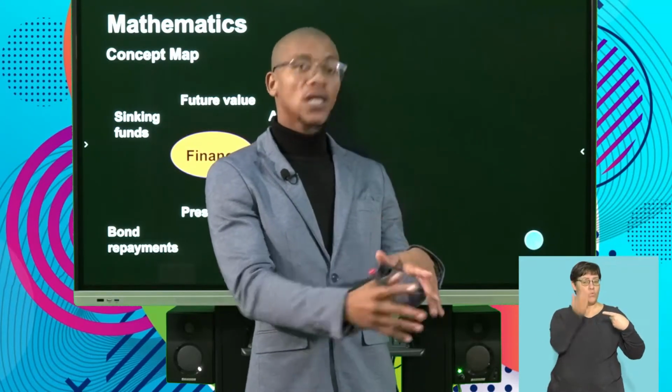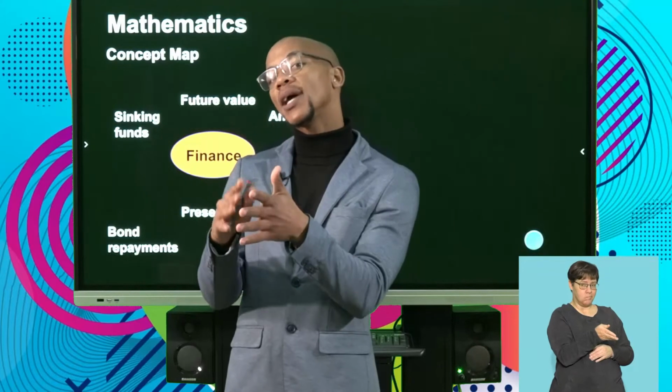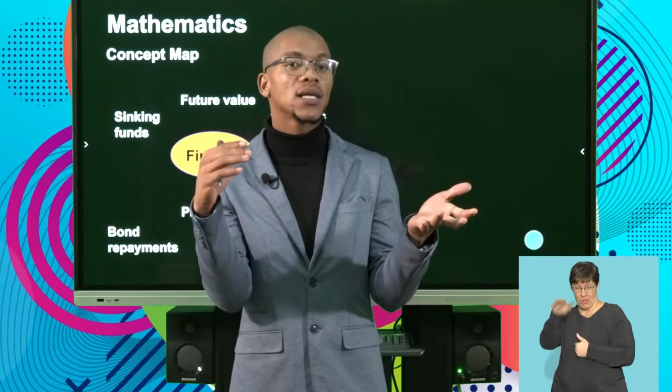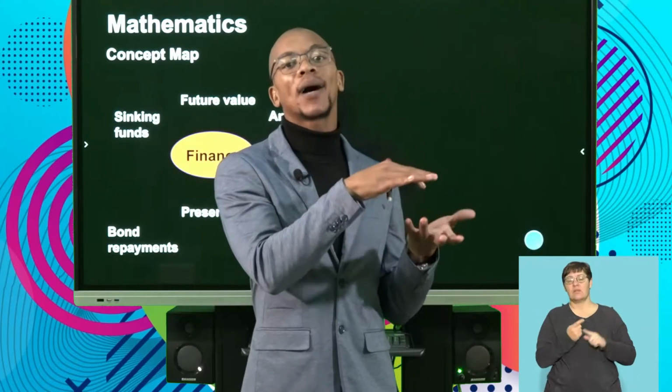One will be, you know what the present value is, you want to know how much money you must pay on a month-to-month basis. Scenario number 2, you know how much you can afford to pay on a month-to-month basis, maybe for a house. So you want to know how much the house must cost, which is the present value. So you know your monthly payment that you are willing to pay, and you are going backwards to calculate how much you are eligible to borrow from the bank to buy that house.